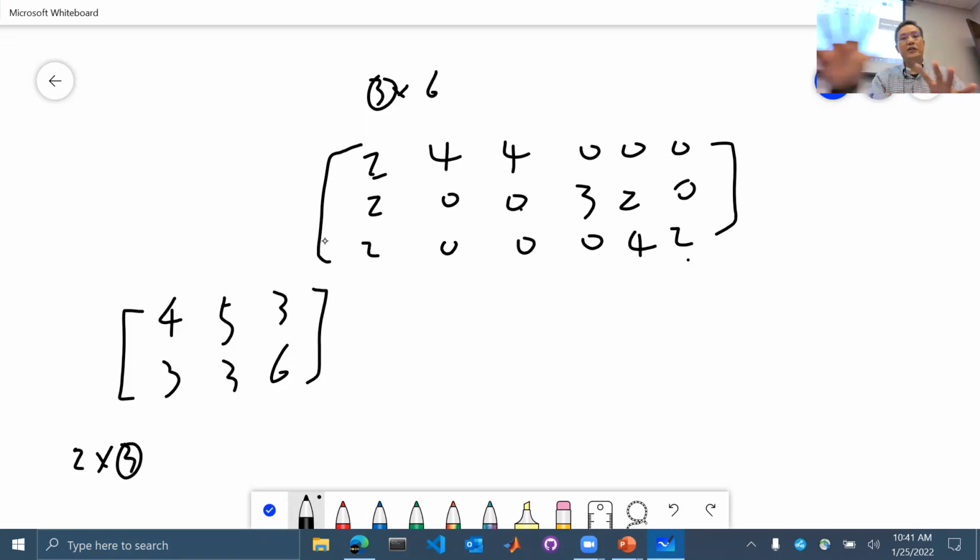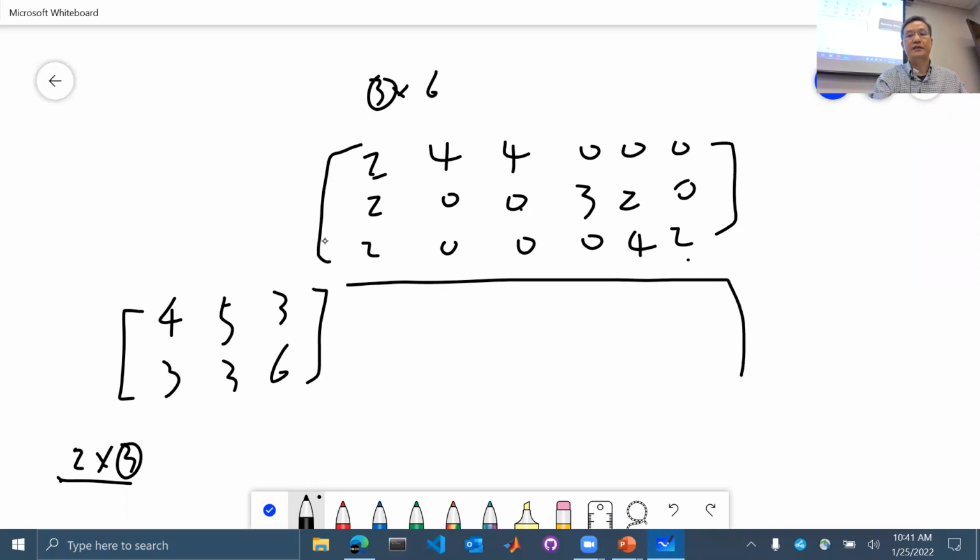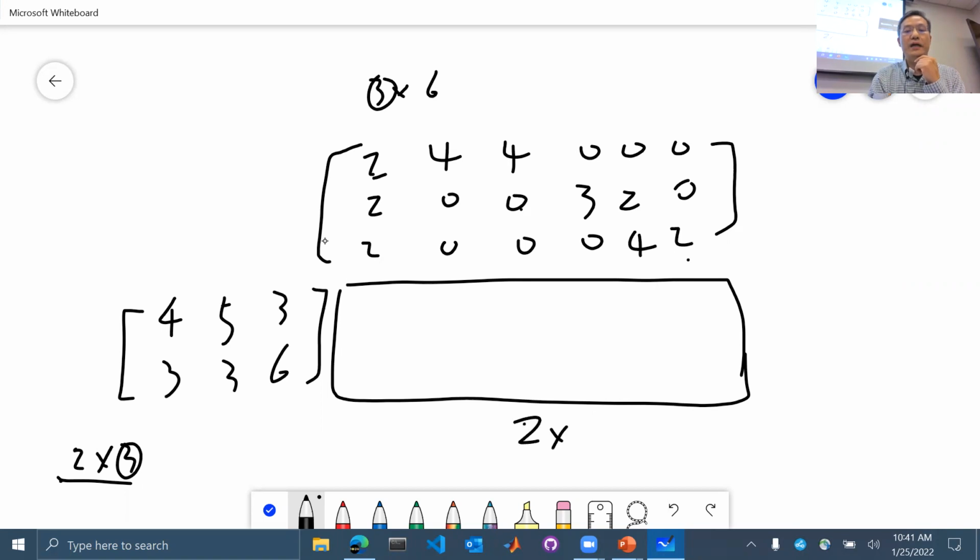Okay, so I arranged these two matrices so that, you see, I put this 2 by 3 here and the 3 by 6 on the top. The reason I leave the space here is so I know at the end I will get a product. The dimension of this will be 2 by 6. So you see, I leave this rectangular white space. And next, I'm going to fill in those 2 by 6 values.